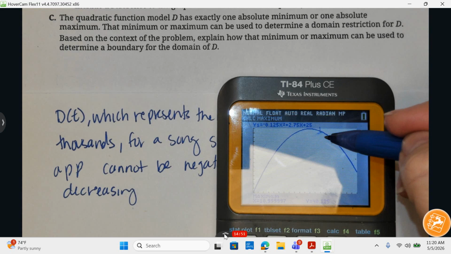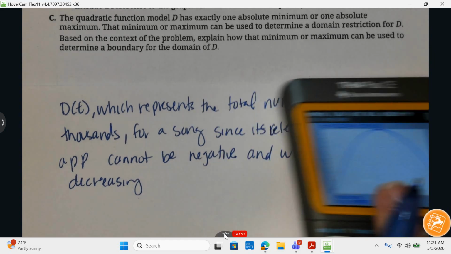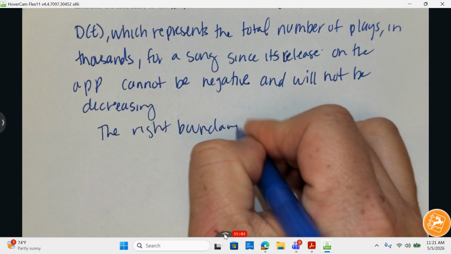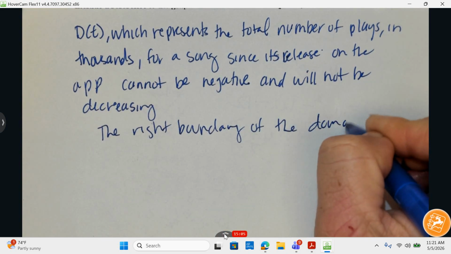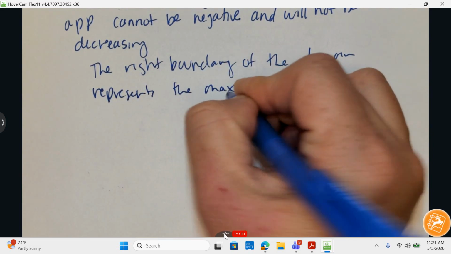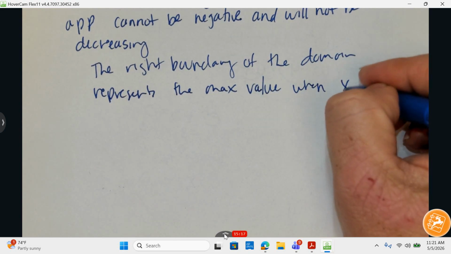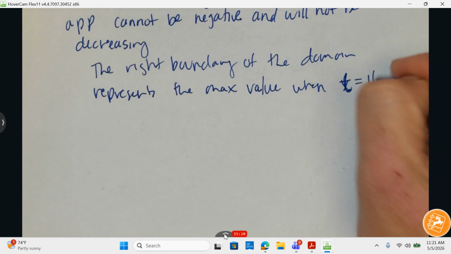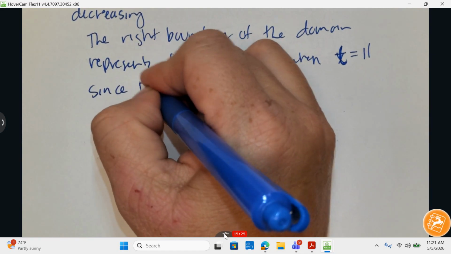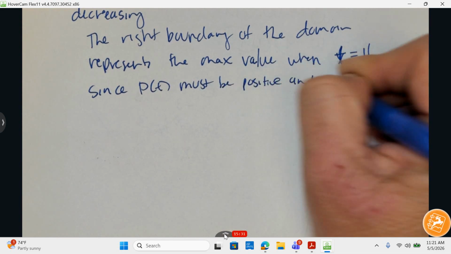Since we know that it can never be decreasing, we could say that the right boundary of the domain represents the max value when t, not x, when t equals 11, since D of t must be positive and increasing.